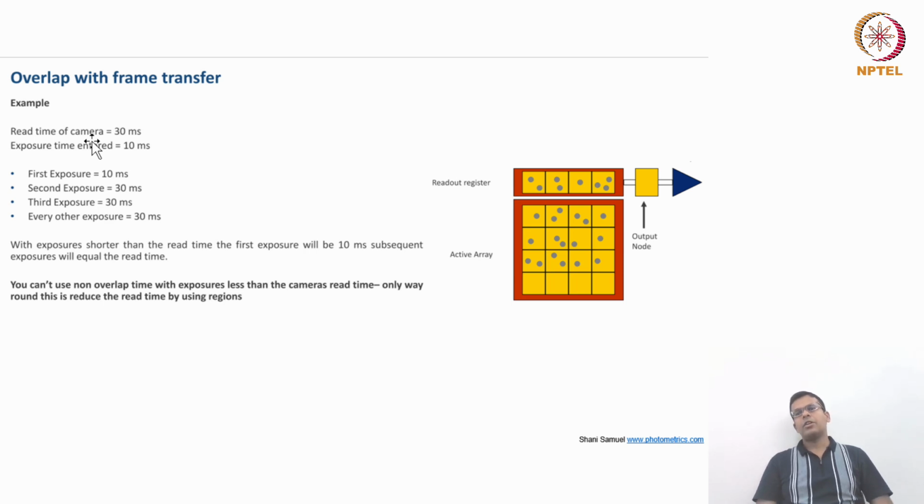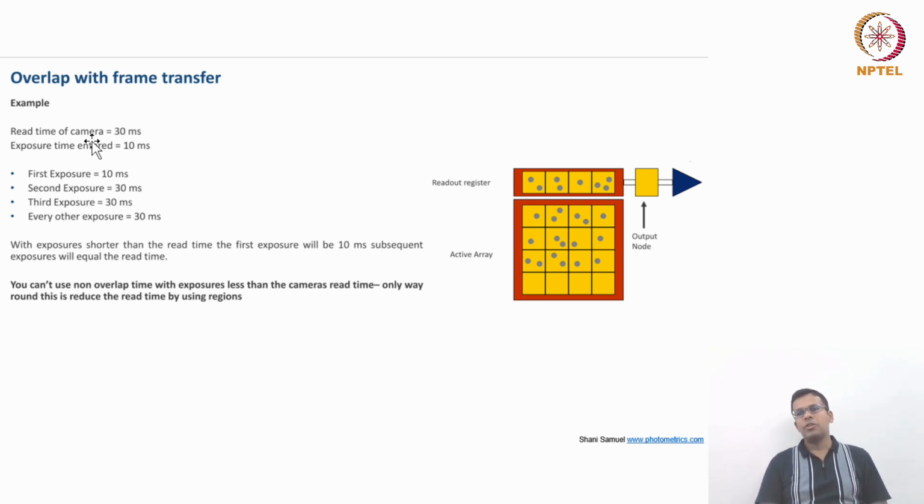So that means your camera cannot capture the next image before 30 milliseconds. So let's say you are capturing a time-lapse movie, and you ask your camera to capture the image every 10 milliseconds. It is not possible, because it needs 30 milliseconds to transfer the data. So it captures one image, then it needs 30 milliseconds to process those electrons, then it can capture another image, then it will take another 30 milliseconds to process the electrons.